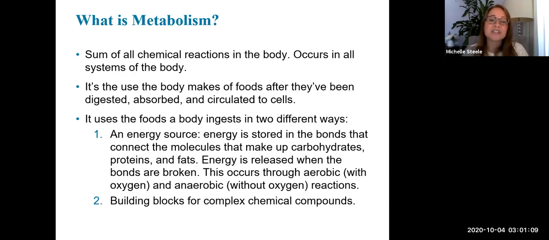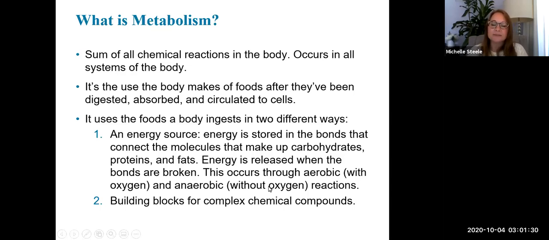Now, this reaction occurs through 2 different processes, one being an aerobic process with oxygen, aerobe meaning with oxygen, and through anaerobic reactions, which means without oxygen.